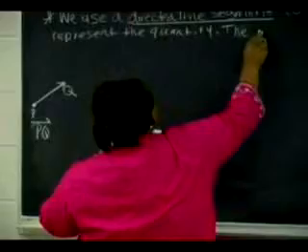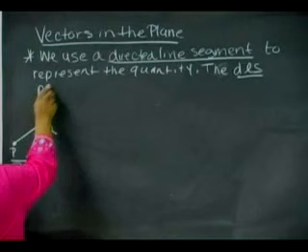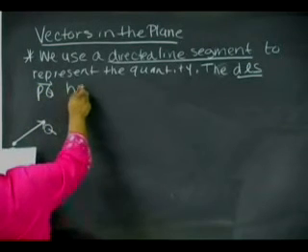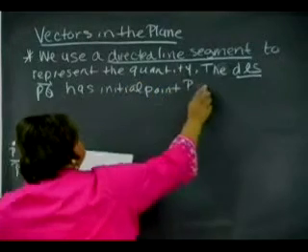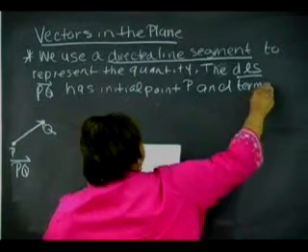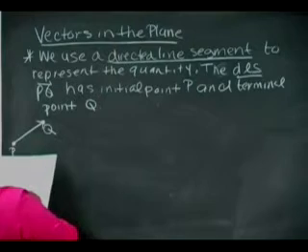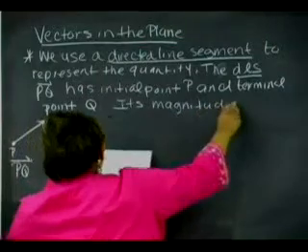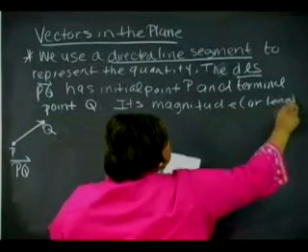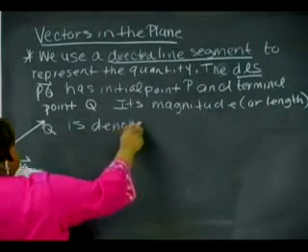Okay, so the directed line segment, which I'm going to abbreviate DLS, PQ, has initial point P and terminal point Q. Its magnitude or length, magnitude and length are synonymous here, is denoted by this notation.